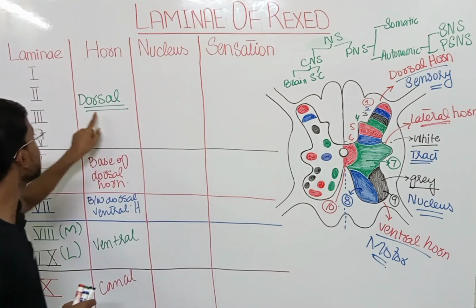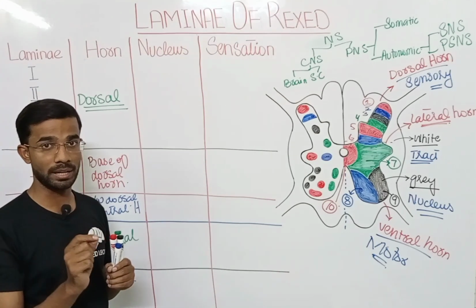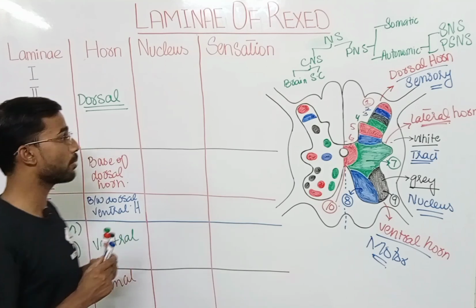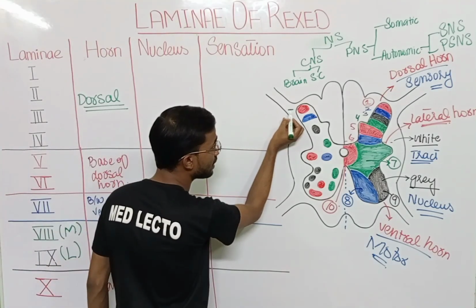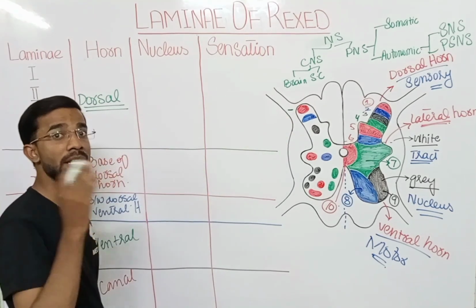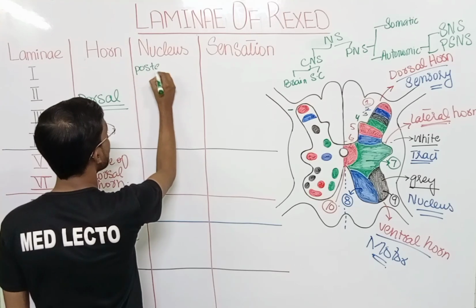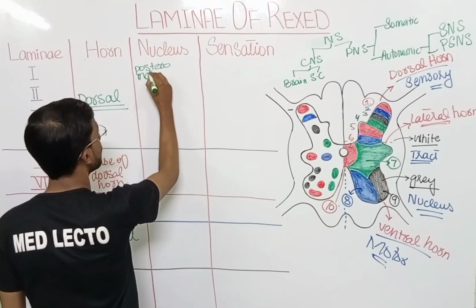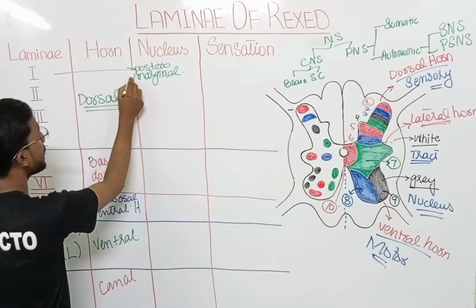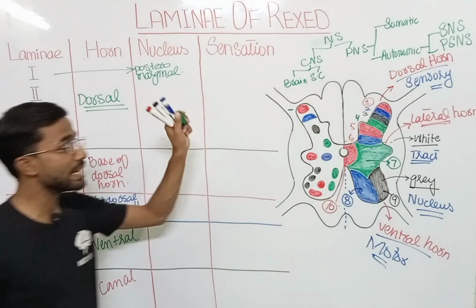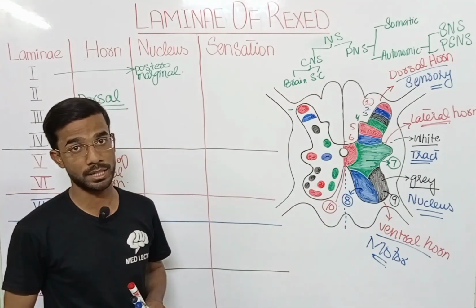At the level of the first lamina, you will see the most important nucleus, which is present at the dorsal horn, and that is the posteromarginal nucleus. This corresponds to lamina 1.